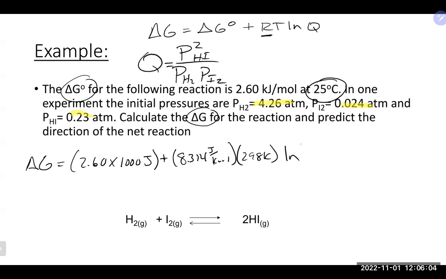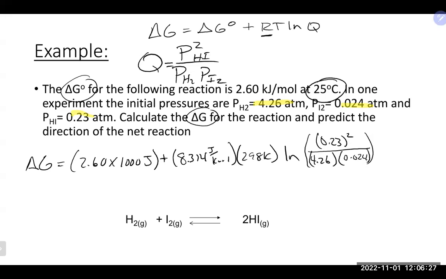So we want to put those guys in, and that would get us up on top our HI, which is 0.23, and we want to square it. On the bottom there, we should have 4.26 and 0.024 in that case. Any questions on any of that there?